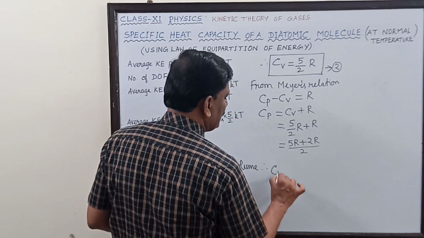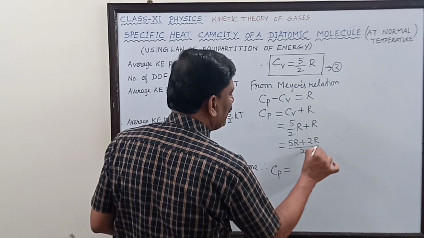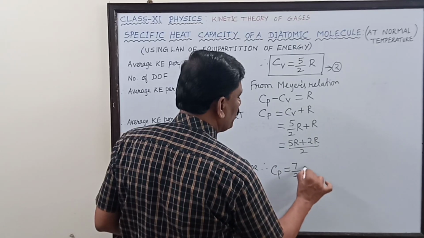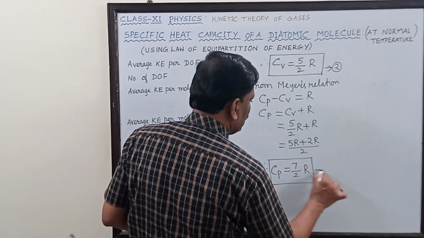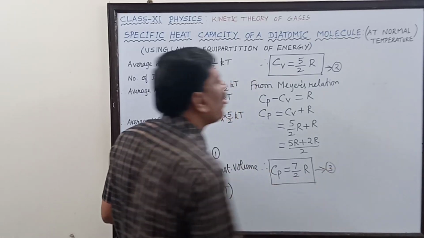So we get Cp equal to 7R by 2, that is 7 by 2 times R. So this is equation number 3.